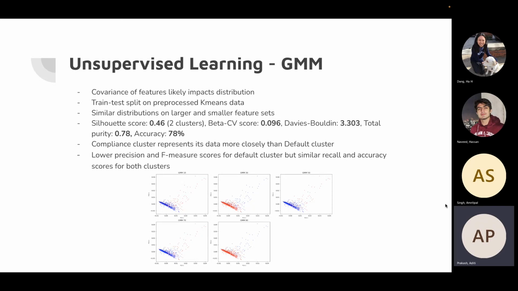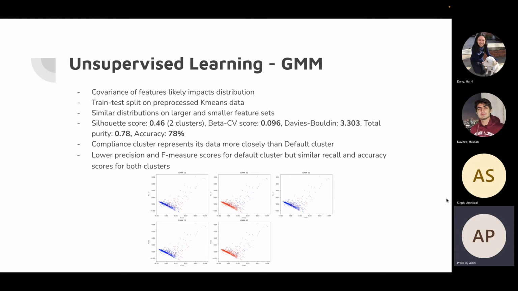The labels for this problem are also probabilistic, so it made sense to understand the cluster responsibilities for the compliance and default clusters via GMM. The metrics are also captured here. Importantly, the silhouette score is better than that of k-means. This is likely because we ran GMM with 2 clusters, and this caused the points in the clusters to be more well defined by each Gaussian PDF than if we had run GMM with additional clusters.